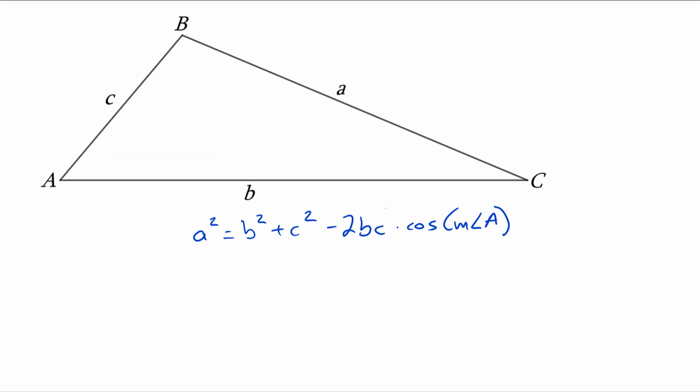Now I'm not going to go ahead and do this other development, but if you turn the triangle and you do it in different ways, you're going to figure out that the other possible combinations here are also true.